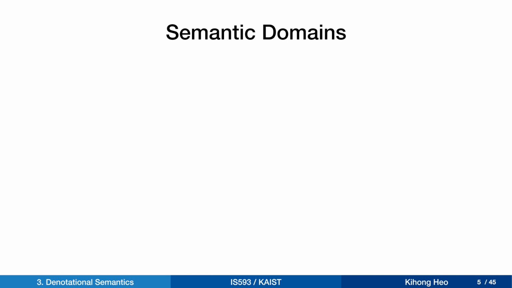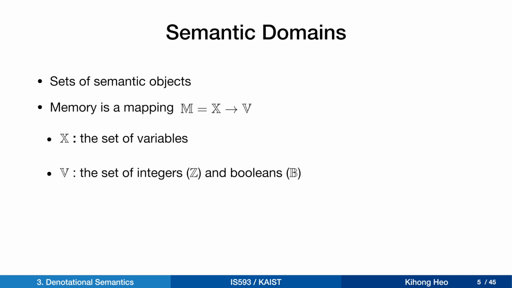Okay, then let's define semantic domains. We will also use the same semantic domains as before. Semantic domains describe sets of semantic objects. The memory is a mapping from X, which is the set of variables, to V, which is the set of values that consists of integers and booleans.